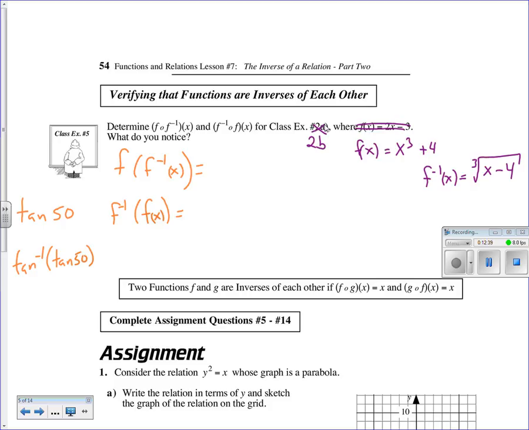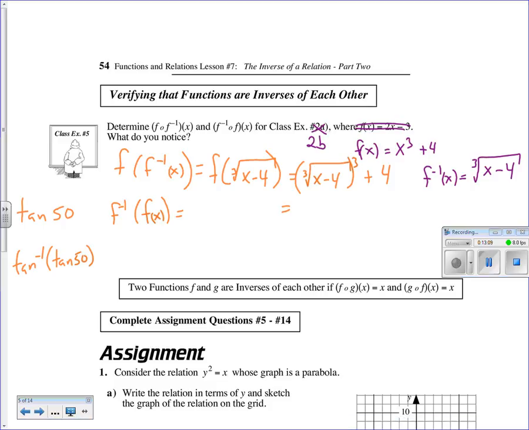Just want to set up what that looks like. So I have to take function f and evaluate it with the cube root of x minus 4. And function f says what you have to do is cube the contents of x. So x minus 4, the cube root, and I have to cube that, and I have to add 4 to that.